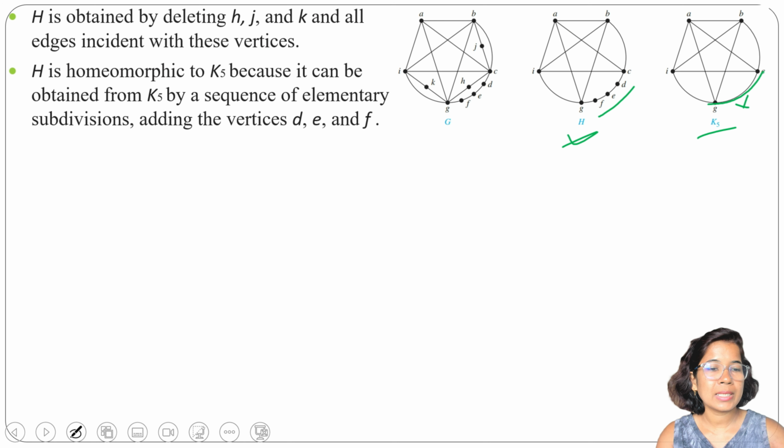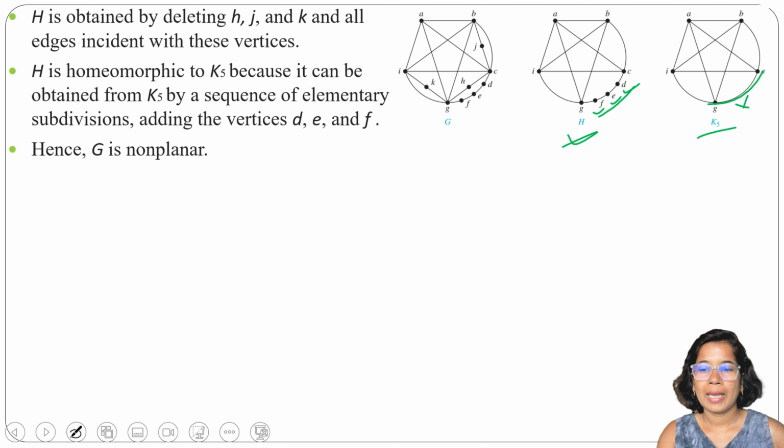We can remove this CG edge, add the vertex D, then again remove and add the vertices E and F. Hence graph G is non-planar. G has a subgraph which is homeomorphic to K5. So by removing some edges we can get the subgraph, and the subgraph is homeomorphic to K5. For any graph, if its subgraph is homeomorphic to K5 or K3,3, then it is non-planar.